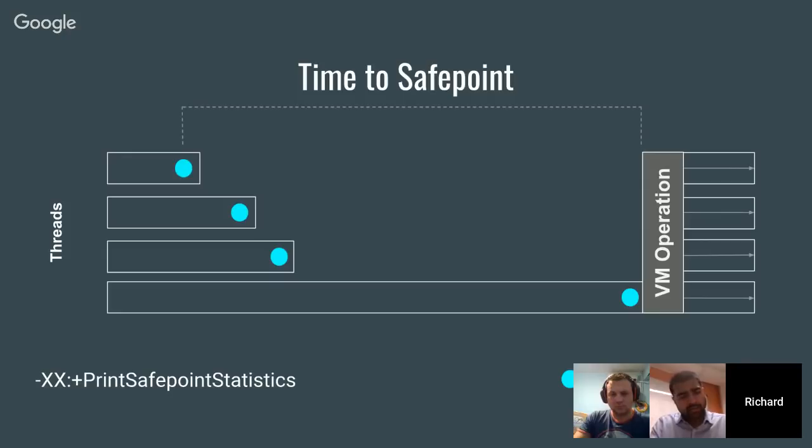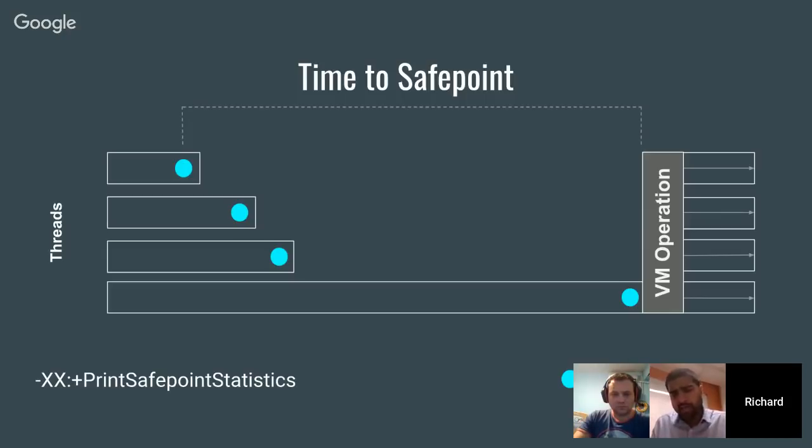The next one does so a little bit later, and then the next one a little bit later on. But the last one, maybe it has a loop, a so-called counted loop, where the JVM can reason that the loop does exit and doesn't need a safe point inside it. That might not actually hit a safe point for quite a while. And so that time between the first thread and the last thread actually halting is wasted time. It's latency in your system, and it's wasted time when the system could be doing something useful.